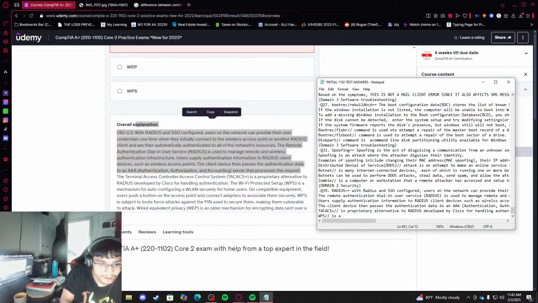WPS is a mechanism for auto-configuring a WLAN securely for home.